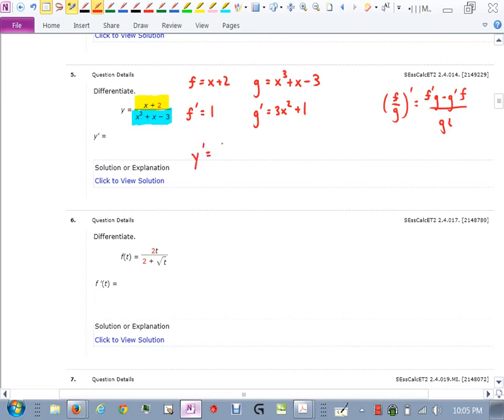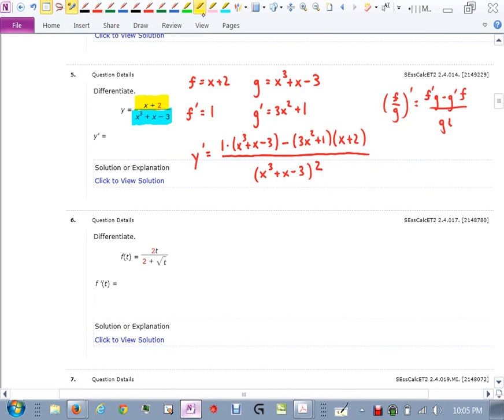I want f prime first, which is 1, times g, so x cubed plus x minus 3, then minus g prime, which we said was 3x squared plus 1, times f, which is x plus 2, and all of that divided by g, which was x cubed plus x minus 3, all of that squared.